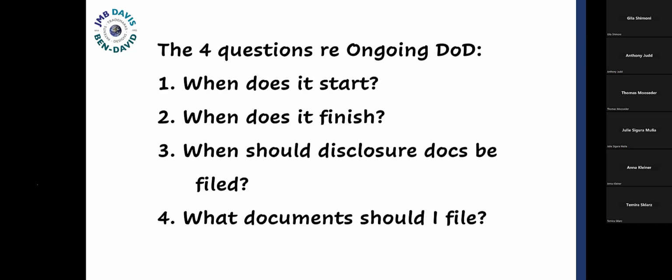Both the US and Israel have slightly different answers to these things, and what I hope we will do today is get an understanding of what those differences are. Even if you have no Israel applications and you just want to know about the US, or you have Israel applications that you're filing with us but your US application is filed with someone else, you will still gain a lot of knowledge, I hope, from what we're about to discuss.